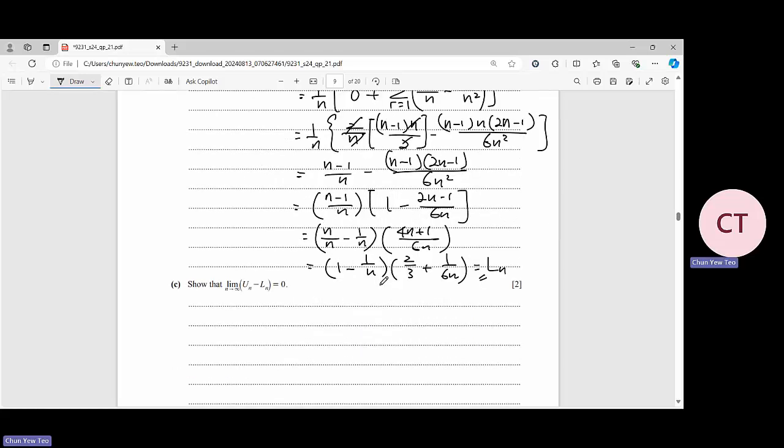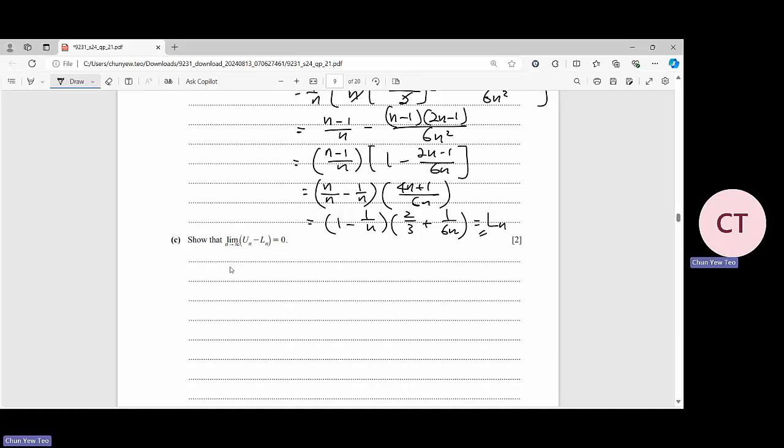Now we go for the last part, C. So the limit of n goes to infinity of Un minus Ln will be equal to the limit of n goes to infinity of, what is Un?